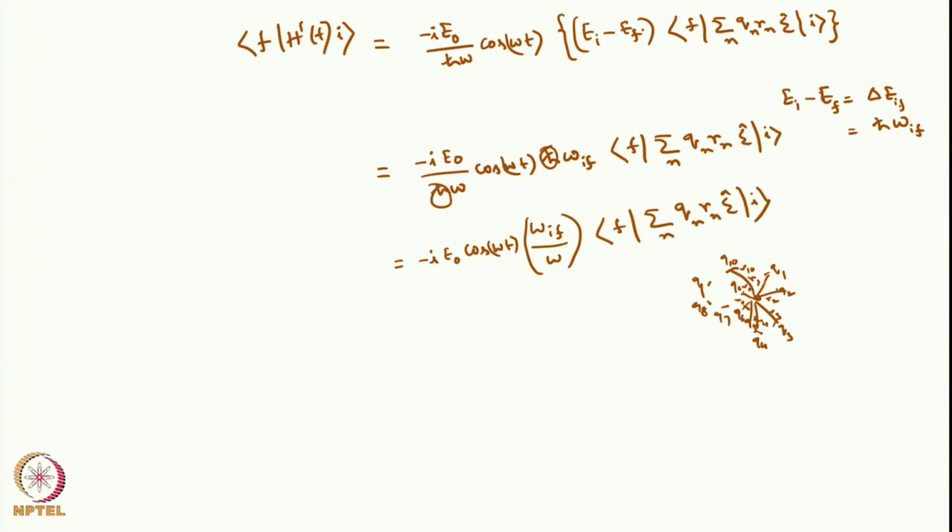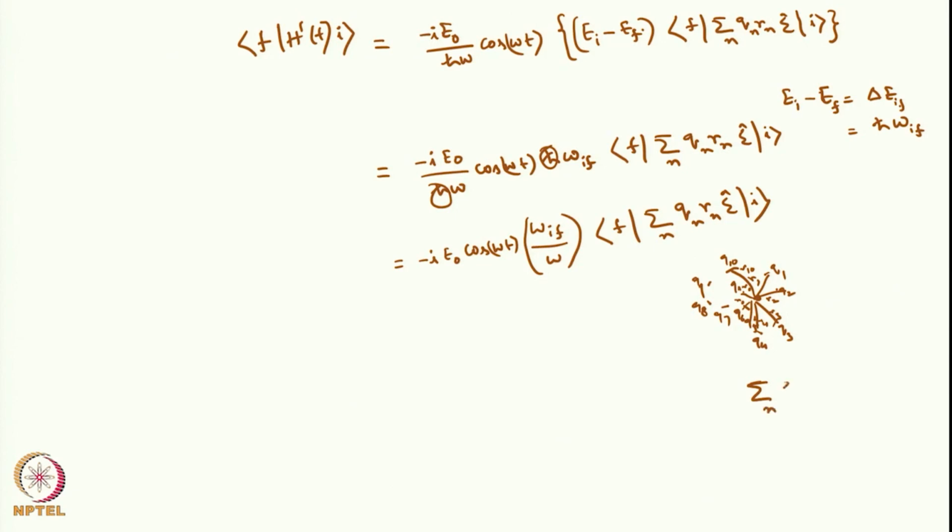This is a product of Q and R n, summed over. If you have charges distributed like that, that will give you the dipole moment. So for n charges, sigma over n Q n R n is equal to mu. That's the dipole moment of the molecule. So that is nothing but equal to minus i E naught cos omega t omega i f by omega, f mu epsilon i.